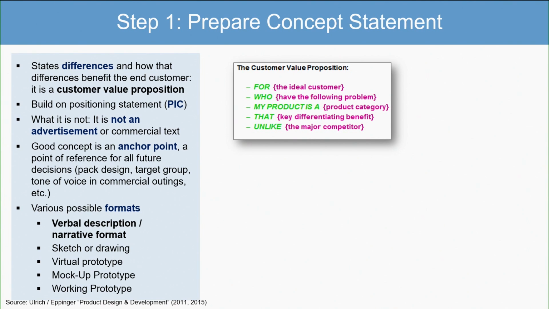So on the first one, perhaps the most difficult part, prepare the concept statement. The idea is really, in the end, that this statement is a customer value proposition, meaning it really has to describe the value of our novel concept to the customers.